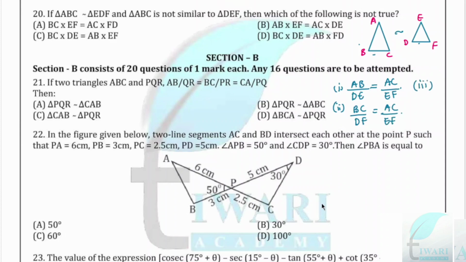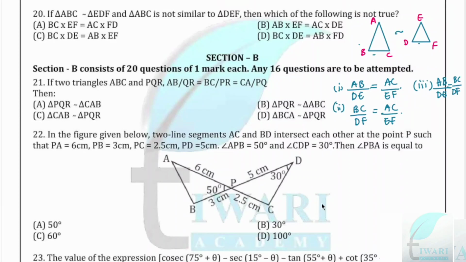The third ratio we can write is AB by DE is equal to BC by DF.